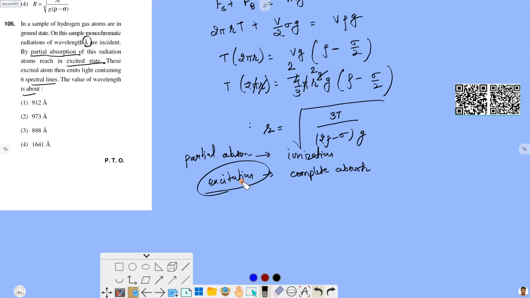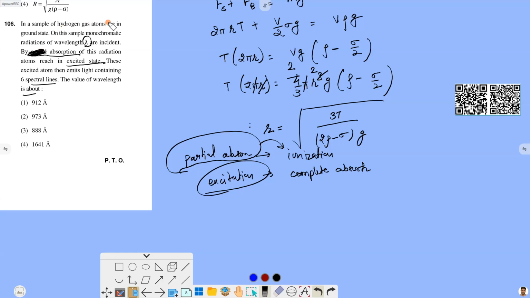Only then does the electron jump from one orbit to another. And if there is very high energy, then there will be partial absorption, but for that, ionization is necessary. The atom goes into an ionized state, and the ejected electron comes free with some kinetic energy, and that is how we have conservation of energy. So basically, there cannot be partial absorption, there has to be complete absorption.